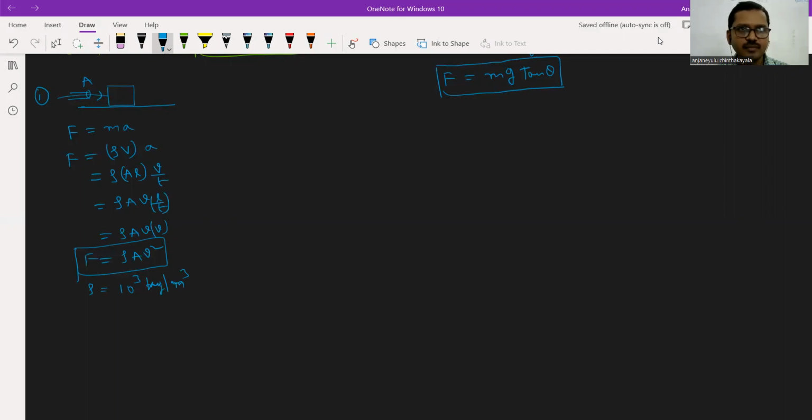Next one, elevator case I'm explaining, elevator or lift. So here 4 cases we have. In all these cases, we have to find the apparent weight of the person when the person is standing inside the lift on a weighing machine.